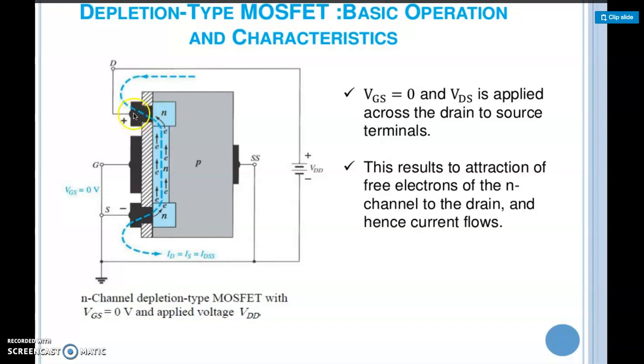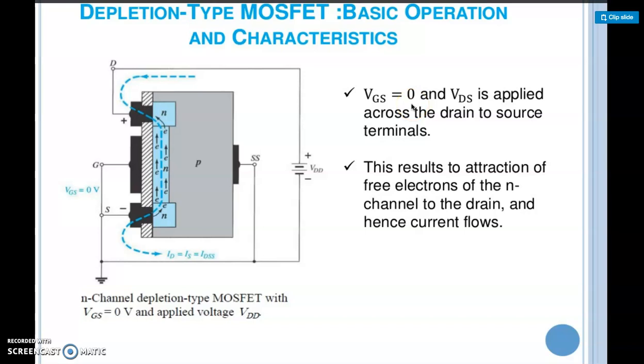Hence more drain current flows. As VDS increases, the current ID also increases because more electrons are collected by the drain. This is the case with VGS equal to 0.